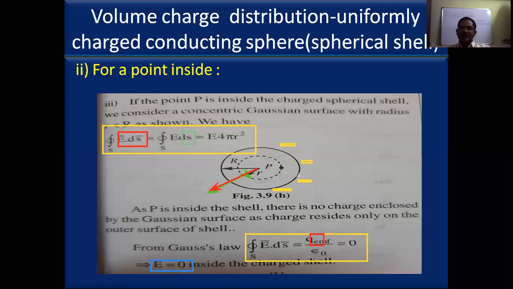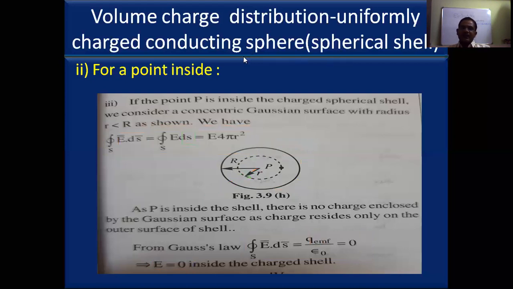The conclusion is that the electric field strength at any point inside the conducting sphere must be 0, because there is no charge inside the sphere. Since the charge is distributed only on the surface, the electric field strength at every point inside the sphere is 0. Hence, the field strength at the center also equals 0.